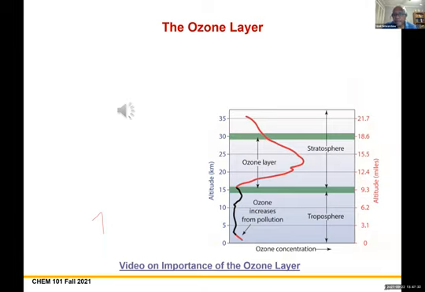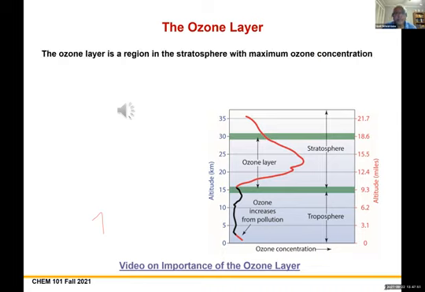The highest concentration is found in the middle of the stratosphere, about 20 to 25 kilometers, or 15 miles, from the Earth's surface. Normally, the ozone layer is a region in the atmosphere with the maximum concentration of ozone.